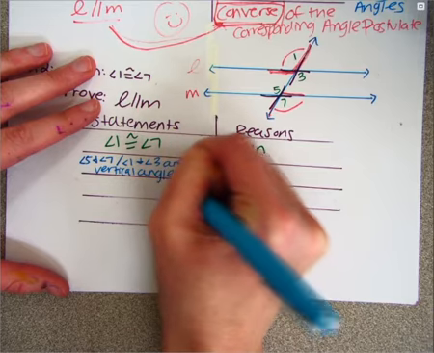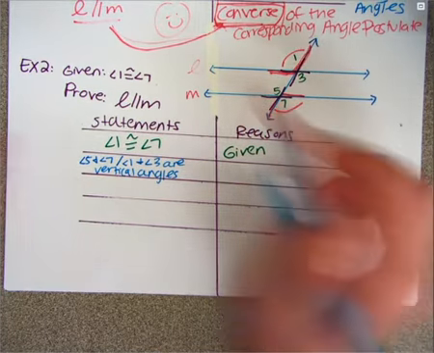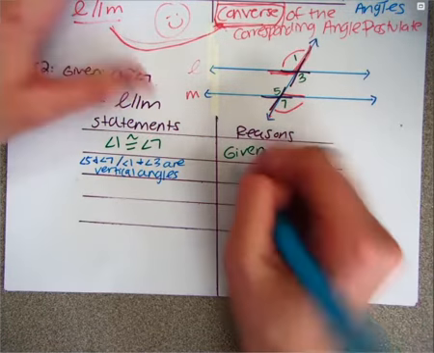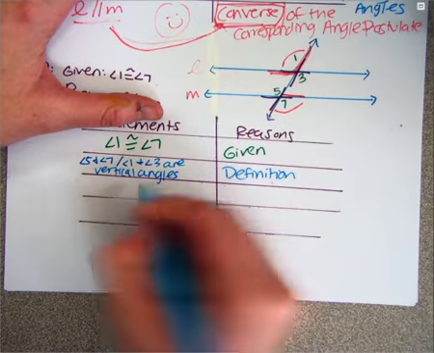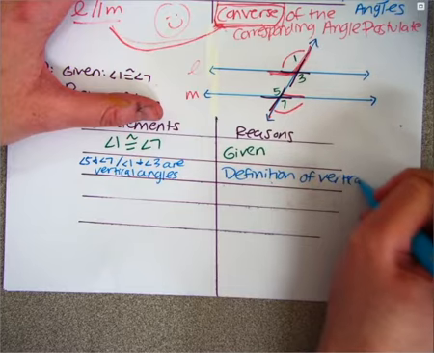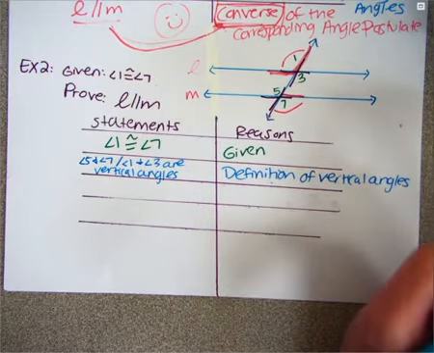And how I know that is, well, that's what it means to be a vertical angle. They appear at the X, at two lines intersecting, and they are right across from each other. So by my definition of a vertical angle, that's how I know they're vertical angles. So, definition of vertical angles. All right, let's keep going.